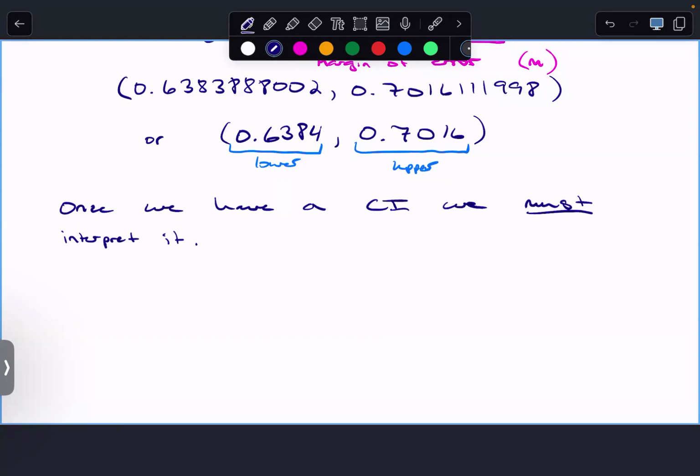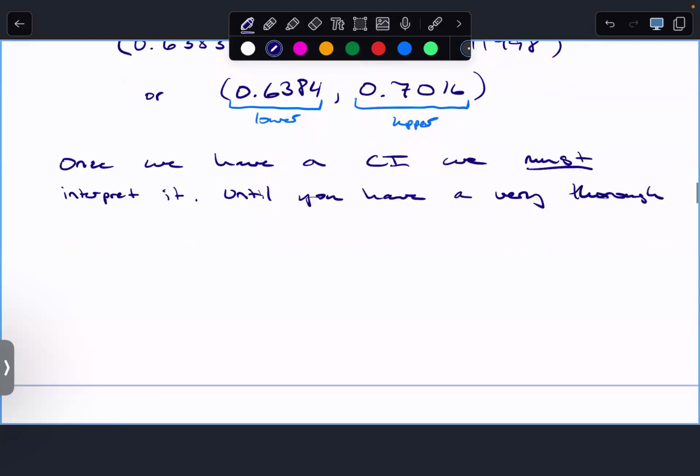I think you know, but you don't. So until you have a very thorough understanding of what a confidence interval is, but mostly what it isn't, use this sentence structure.